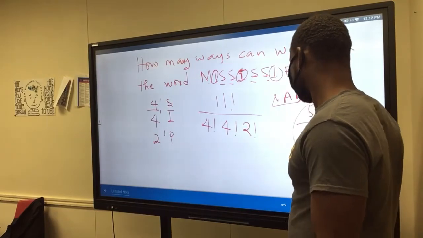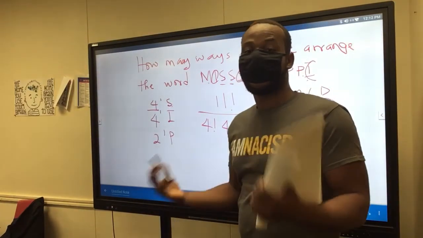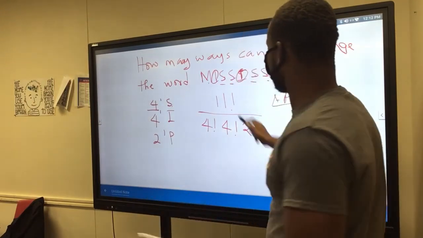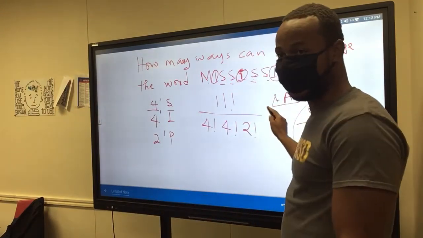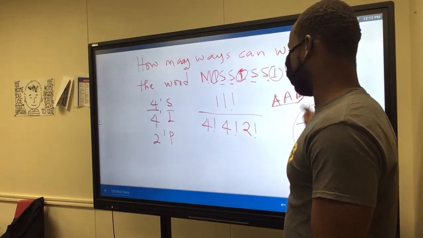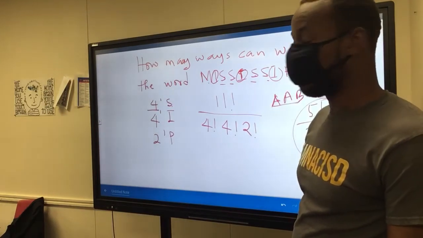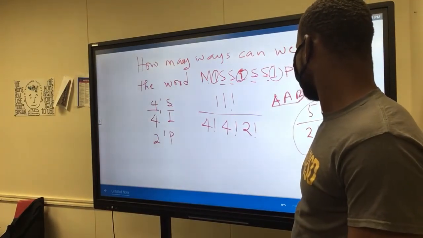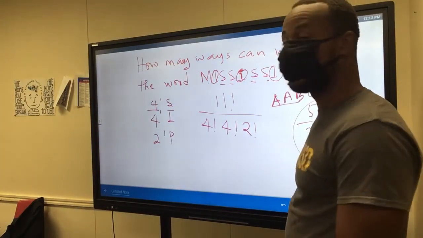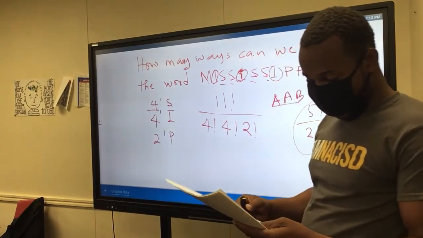When you do 5 factorial over 2 factorial, this is 60. Sometimes it's not about you doing this, but about the idea that when you have A, A and you are asked to arrange, you have to divide by 2 factorial.